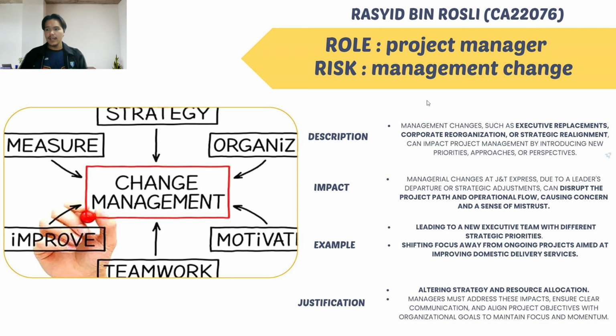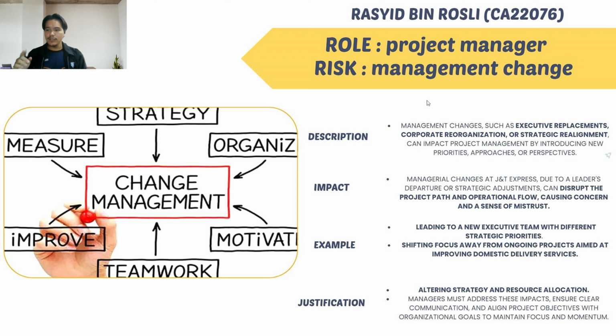From what we understand, the project management of JNT Express is greatly at risk from management change, since it can cause an unstable condition, affect the strategic direction, and have an effect on how resources should be allocated.